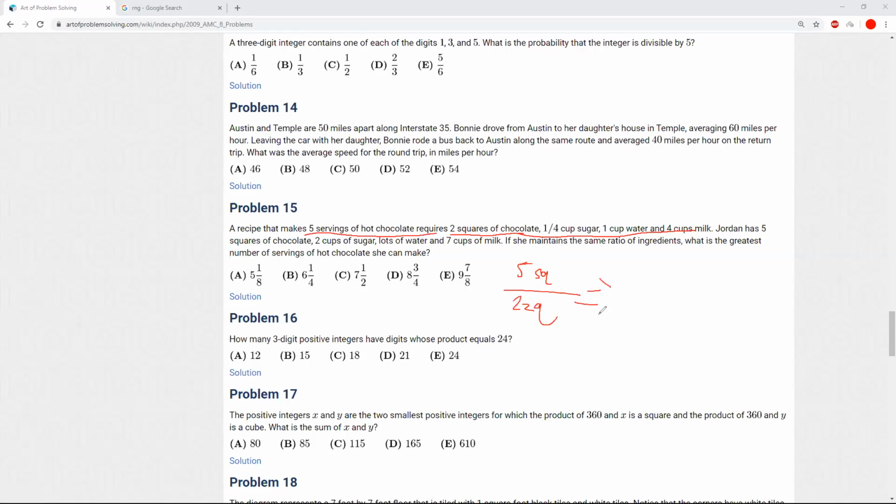So in this case, she can serve 25 over 2 servings. But if we look at her water, she only has 2 cups of water compared to 1 cup in the recipe. So she can only make 10 servings.